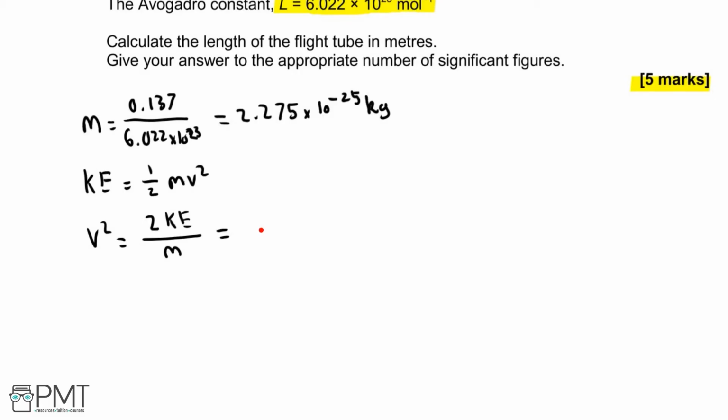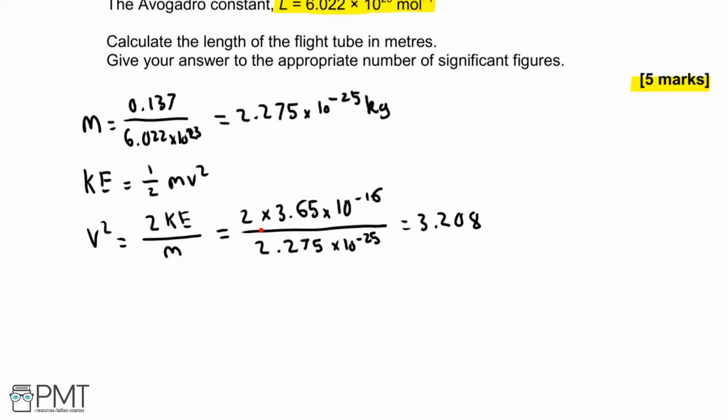This gives us an equation that we can substitute our numbers into, so we're going to have 2 times 3.65 times 10 to the minus 16 divided by 2.275 times 10 to the minus 25. And calculating that will get us a value of 3.2088 times 10 to the 9.